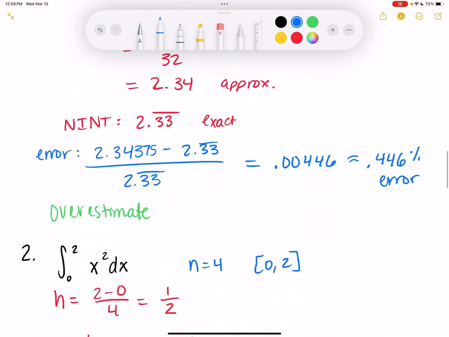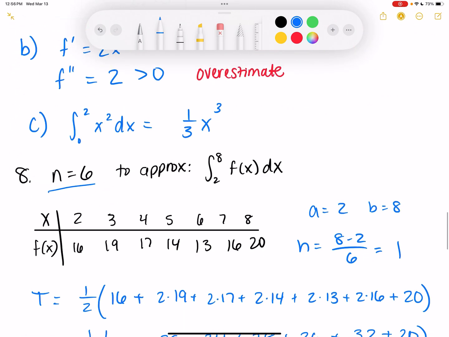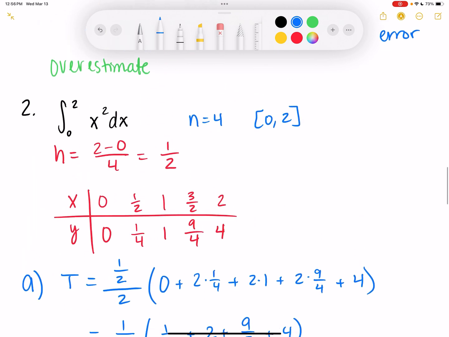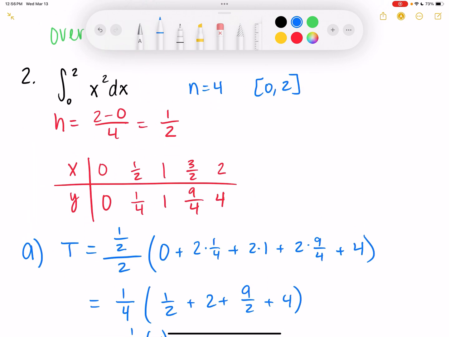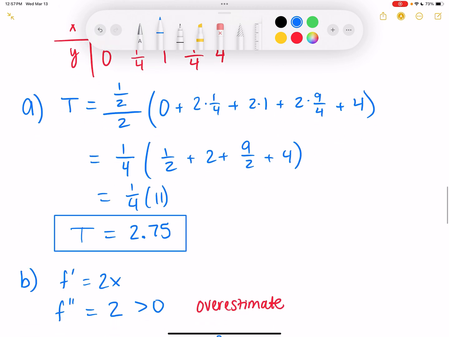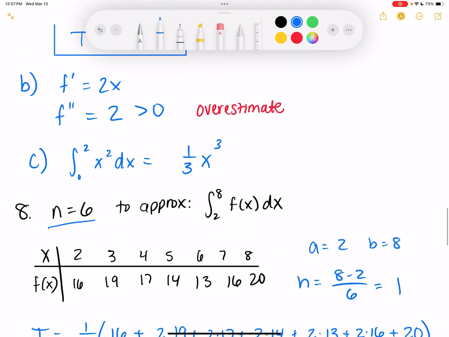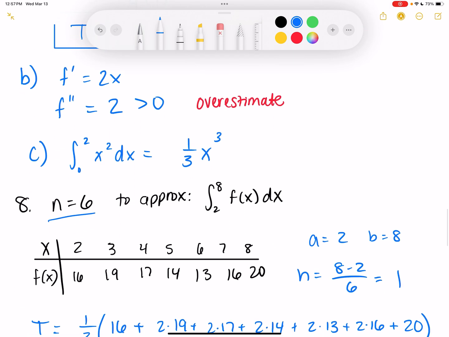We don't need to do part B, because when I give you problems, I'm going to give you ones that match. Part B would be done the same way that we did part C down here. The exact value's already there, because you've already found it in the previous section. You don't need to go through and do it again. It's on the same interval and all of that.